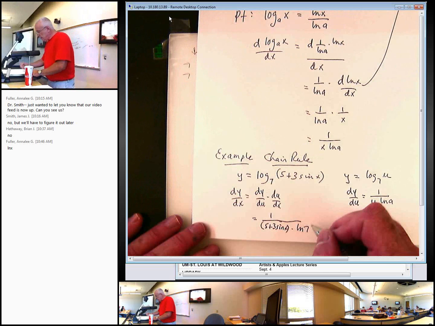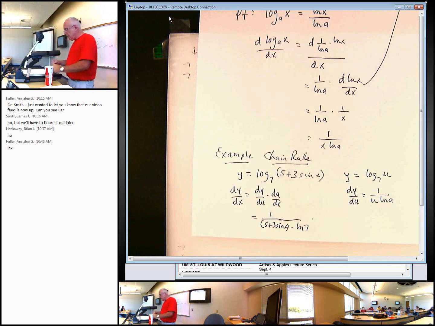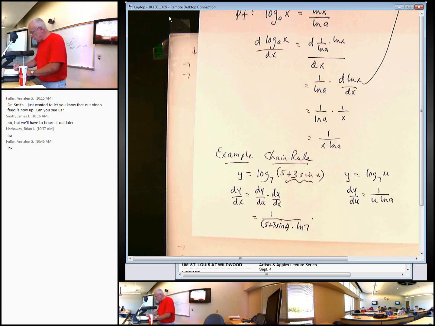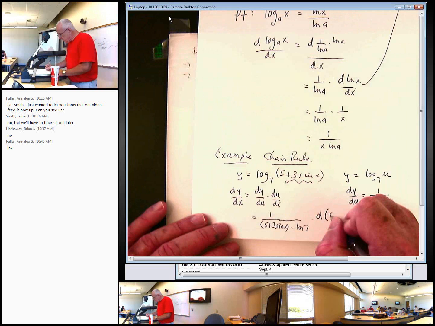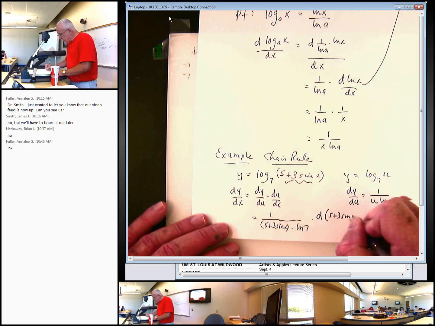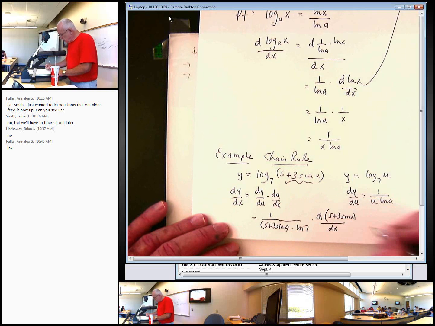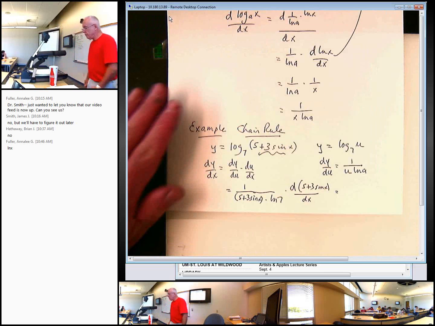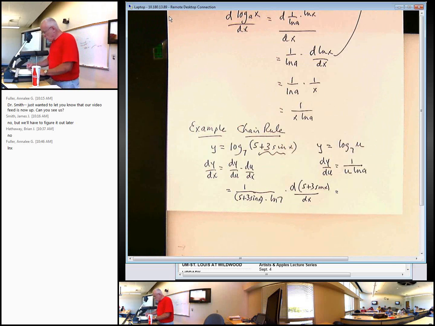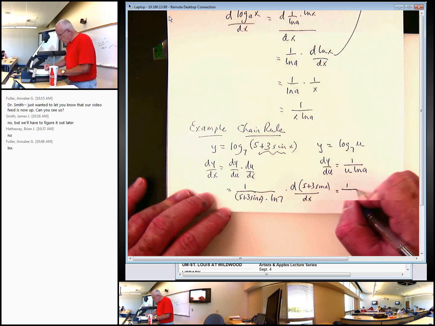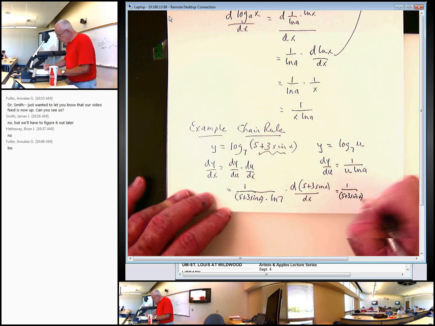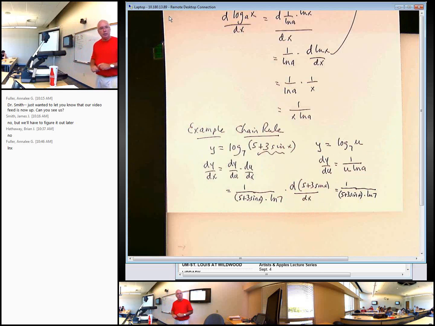And then applying the chain rule, we have to multiply by the derivative of that inside function, the derivative of 5 plus 3 sine of x. So let's go through this. We have 1 over 5 plus 3 sine of x times the ln of 7 in the denominator.